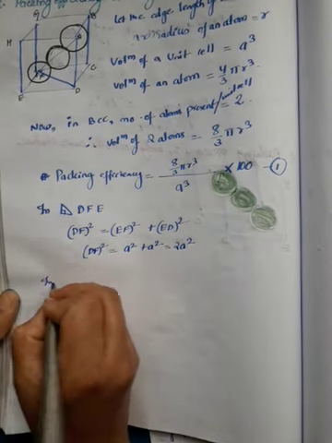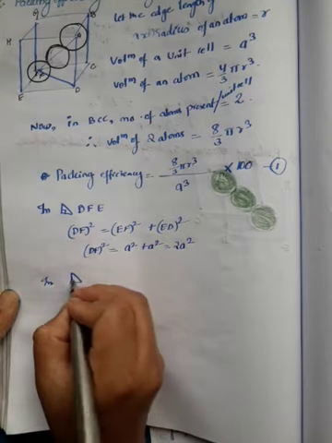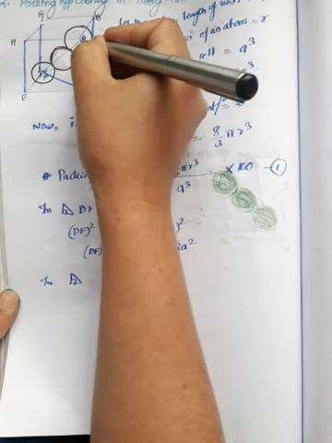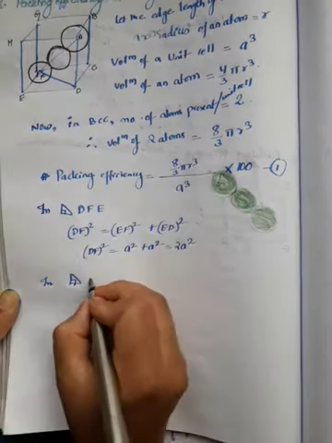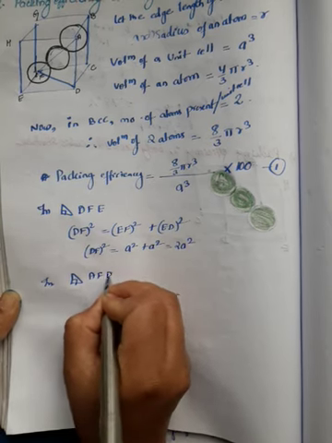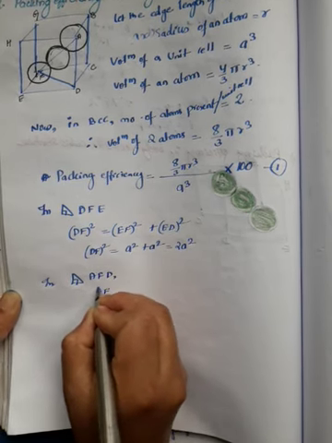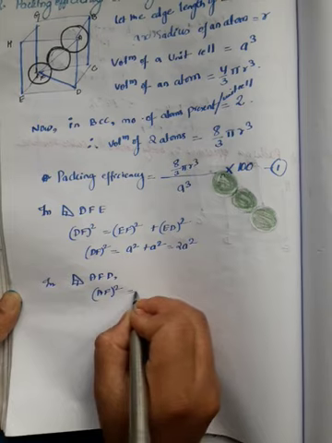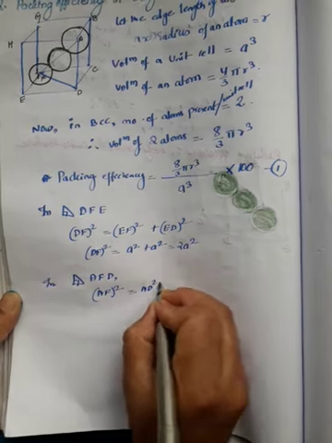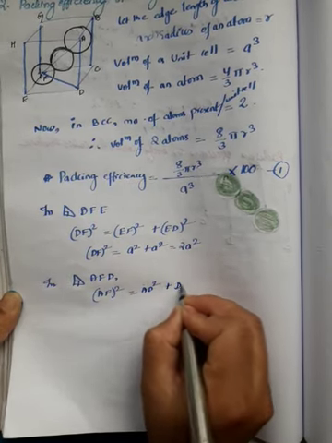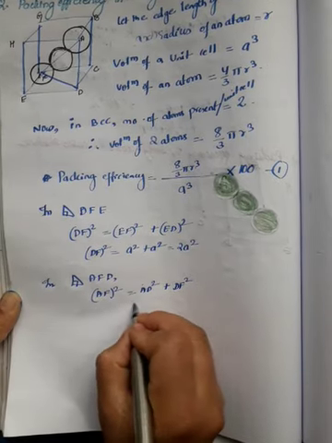Again, from the right angle triangle AFD, what is AF? AF is the hypotenuse, so AF square equals AD square plus DF square, right? Now what is AD?